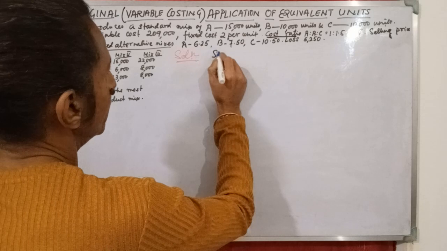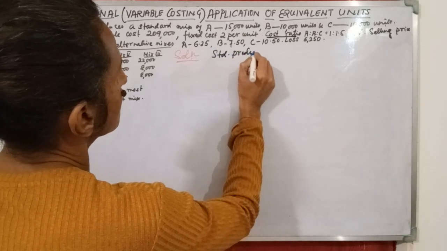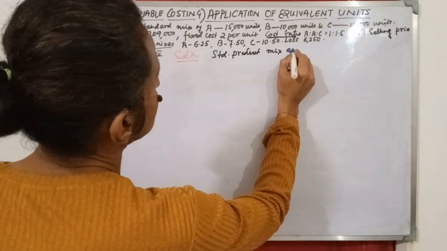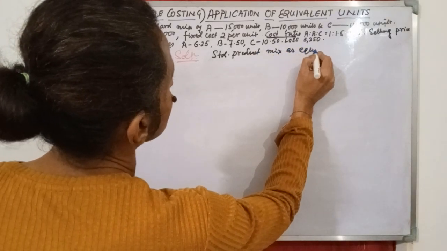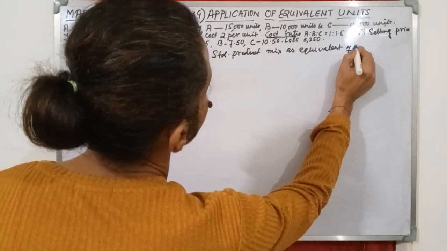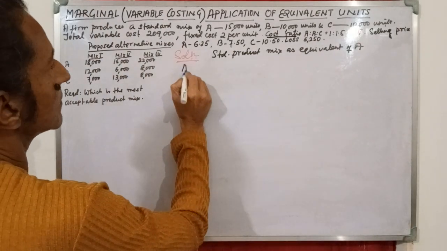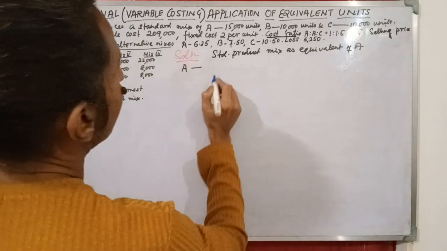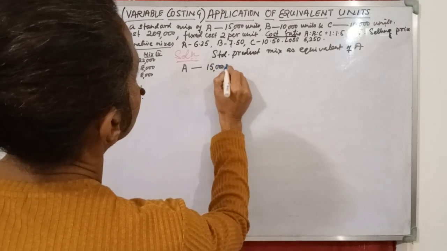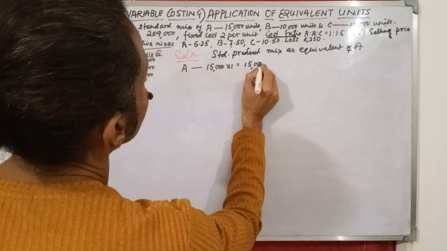Standard product mix as equivalent of A. A: 15,000 into 1, that is 15,000.